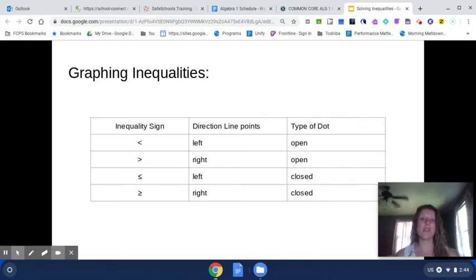For less than or equal to, left is always less. We're going to shade to the left again, but because we can get equal to the number, we want a closed dot, meaning we fill in the circle. It could be that number. And then greater than or equal to is shaded right, and again, a closed circle.